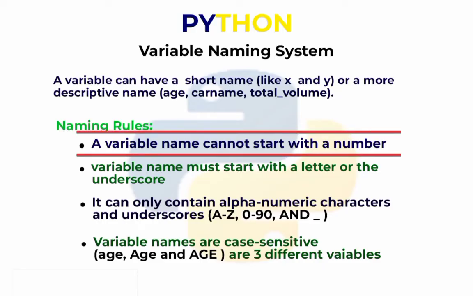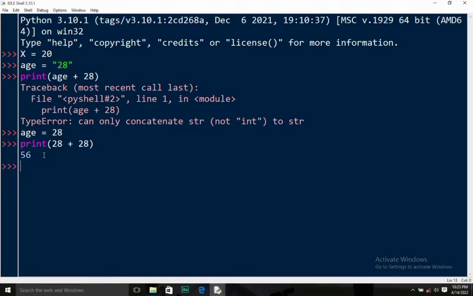So we have that a variable name cannot start with a number. That's true. When writing a variable name, you don't have to start your variable name with a number. That is one of the naming rules of the Python variable naming system. So now let's go on to its example.